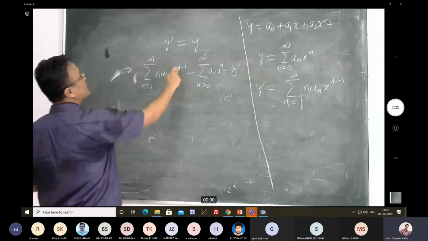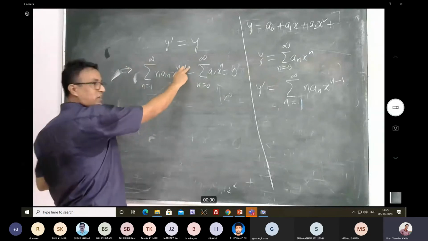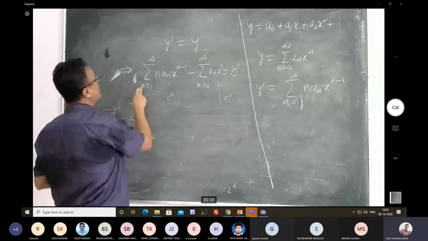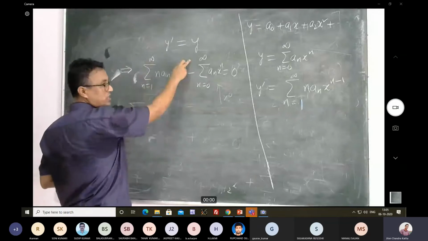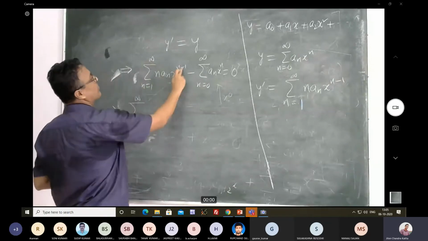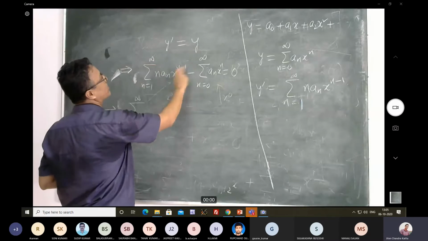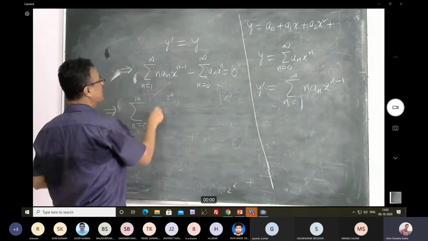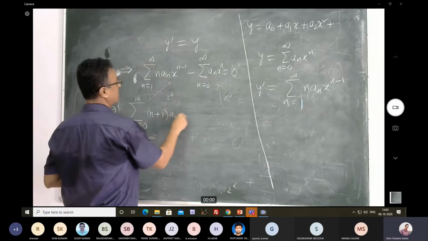So basically what I'm going to do is plug in n minus 1 equal to p. That makes p equal to 0 when n equal to 1, so I'm writing n equal to 0 to infinity. Since n minus 1 equal to p means n equal to p plus 1, I am substituting n with n plus 1.